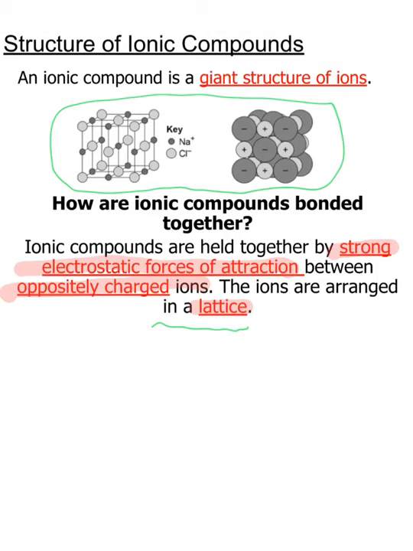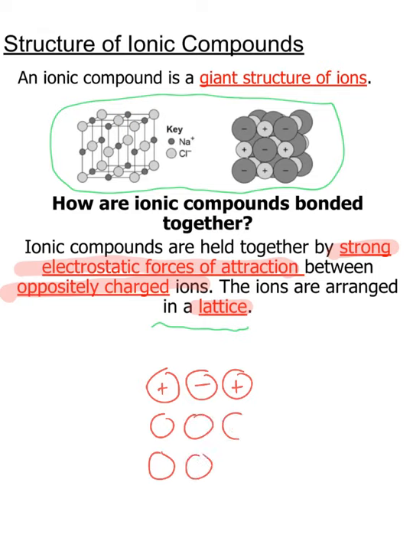Like I said, rather than just drawing one positive ion and one negative ion, we actually have lots of them, and they arrange themselves in an ionic lattice. Another way you can sometimes see these ions drawn is in 2D.